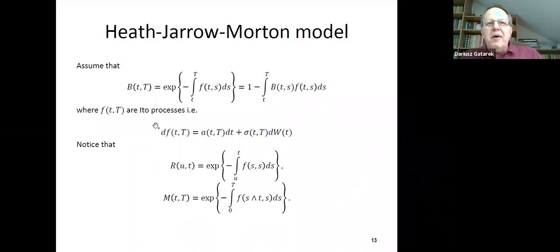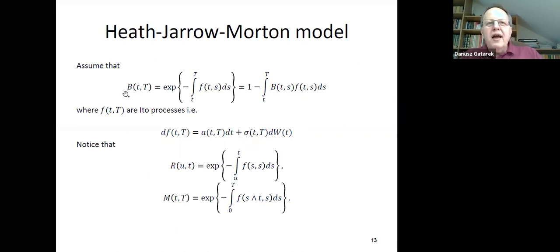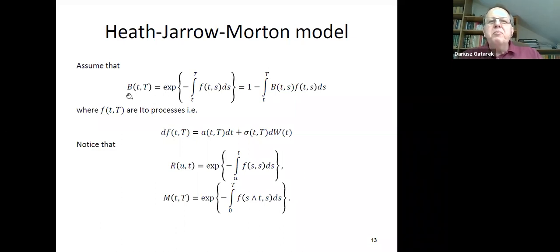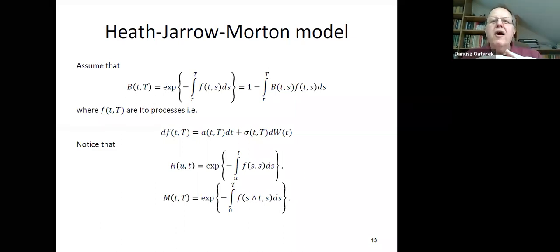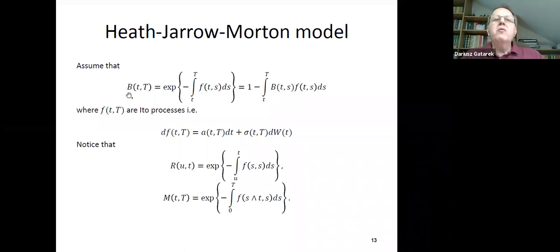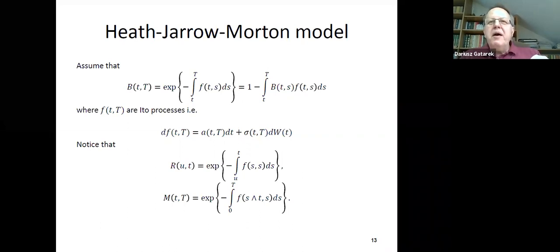Okay, so remind you that in the Heath-Jarrow-Morton approach, the bond prices are building blocks for all the financial quantities we are going to price. So if you are able to construct a zero coupon bond price basing on our model parameters, we are happy. So bond prices are differentiable.